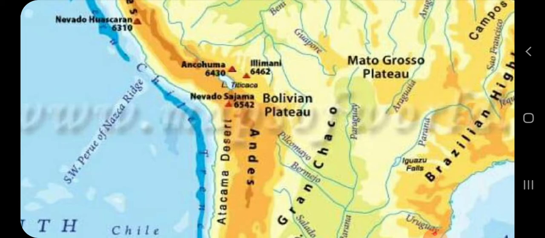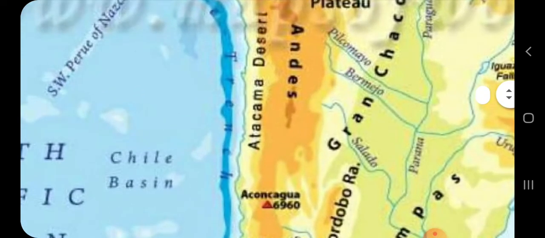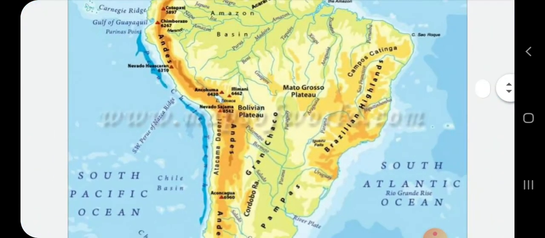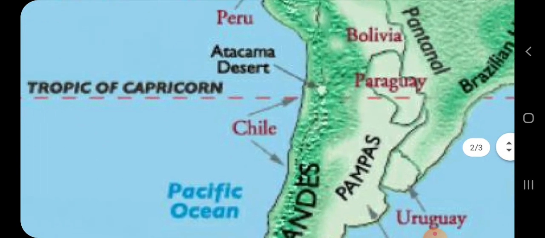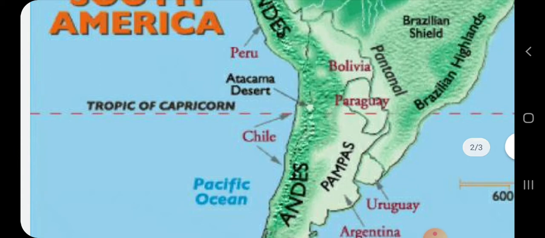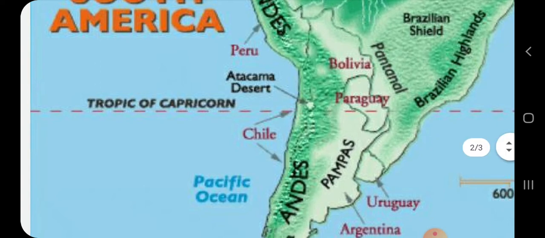The hot Atacama Desert lies in this coastal region. You can see here the Atacama Desert lies in this coastal region across the Tropic of Capricorn in North Chile. Right?